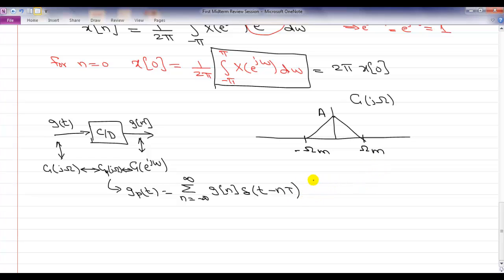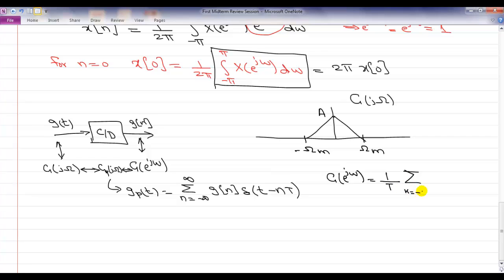Then the relationship to the discrete-time Fourier transform G(e to the j omega) is given by 3 specific operations. Number 1, there is a scaling of amplitude of the Fourier transform always. When you go from continuous to discrete, there is a 1 over T factor. It's not a question of when we have it or when we do not. We always have that factor.